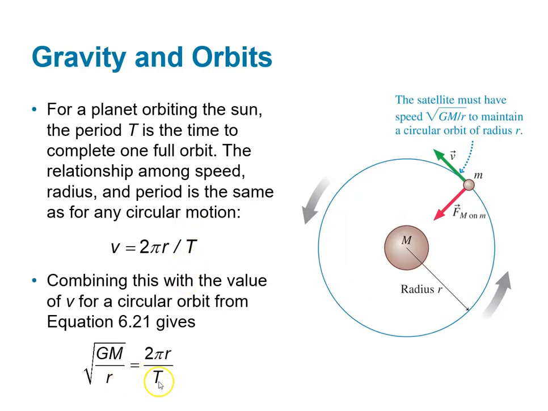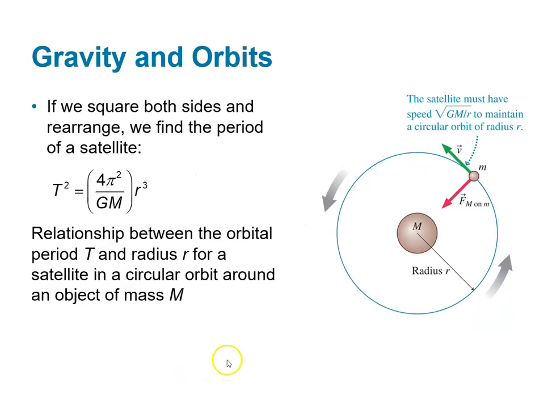So again, if you solve for T and then square both sides, this is the formula for the period of a satellite. And again, I put this on your equation sheet.